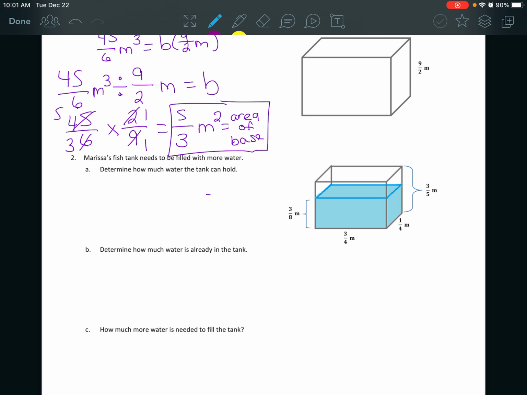Okay. Number 2, Marissa's fish tank needs to hold more water. Determine how much water the tank can hold. So this is the volume of the whole thing.